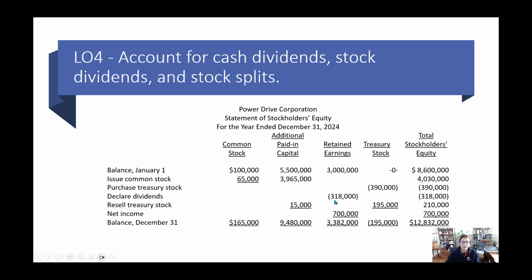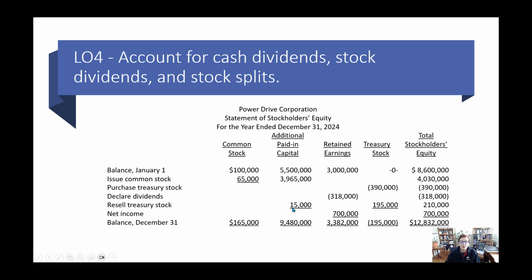That's treasury stock. When they declare dividends, that comes out of retained earnings, because remember, dividends are closed to retained earnings. We forgot to mention that before, right? So the dividends, you have that dividend account, and when you get to the end of the year, the dividends reduce our retained earnings, right? So here is our dividend declaration.